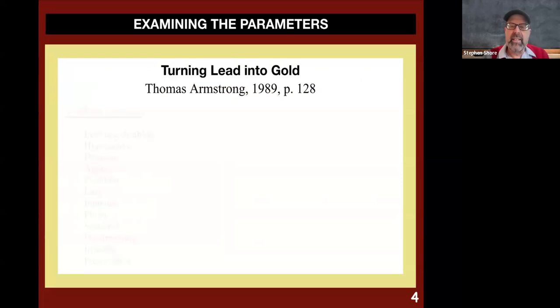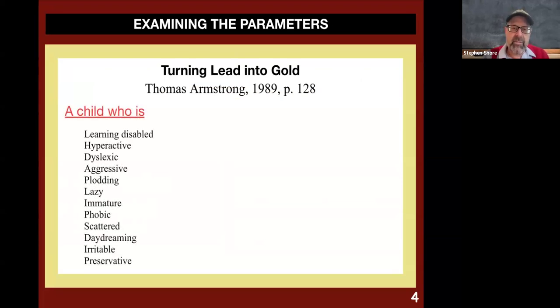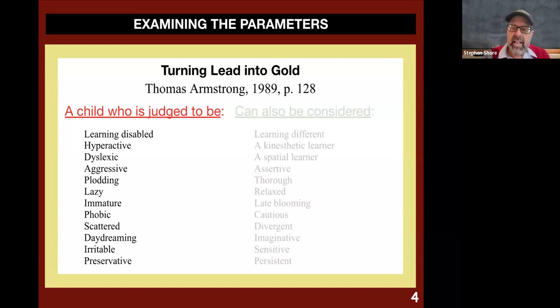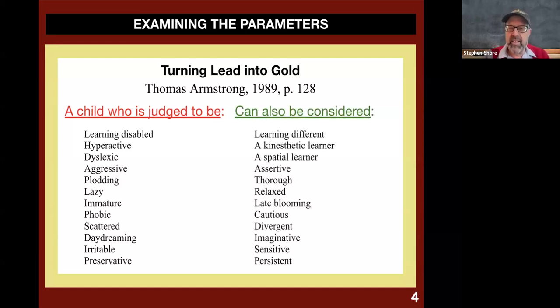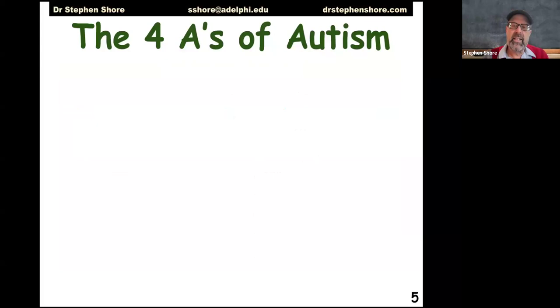And what that does is allow us to change our language from thinking of autism, and we can extend this to people who are neurodivergent, as being as from defaulting to deficit, disorder, and disability, and considering the abilities and asking the question, what can that person do? And then taking it from the strengths and from the abilities to lead to fulfilling and productive lives, which is what the 4A's of autism are all about.